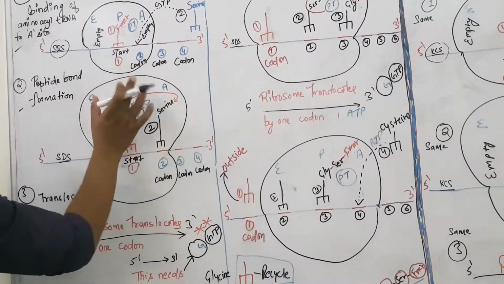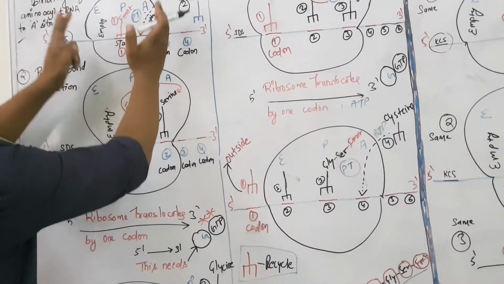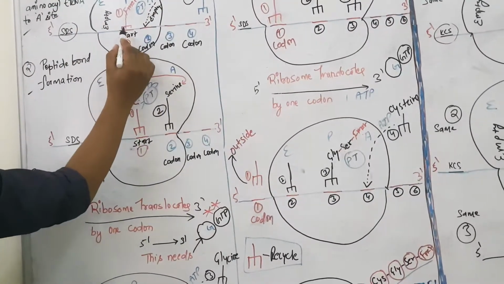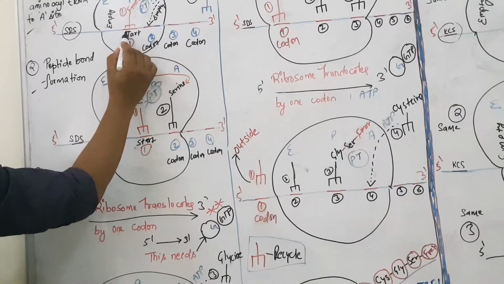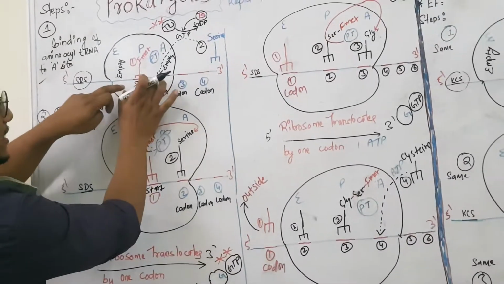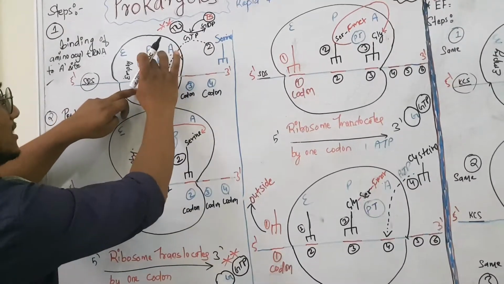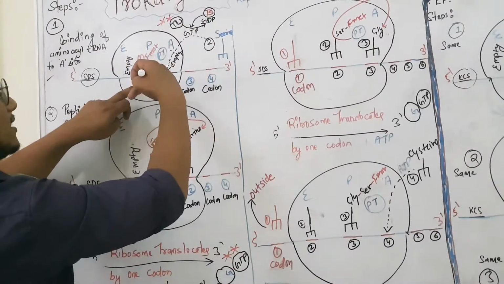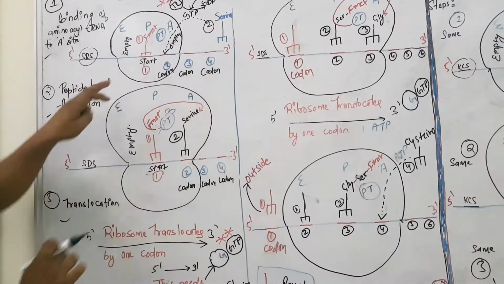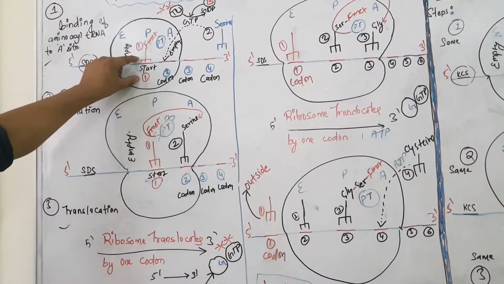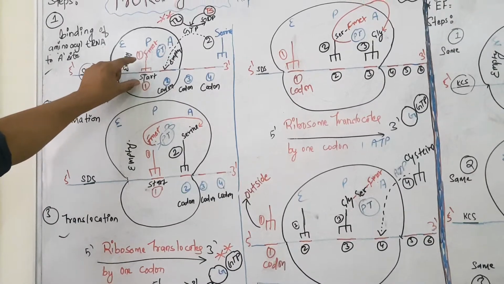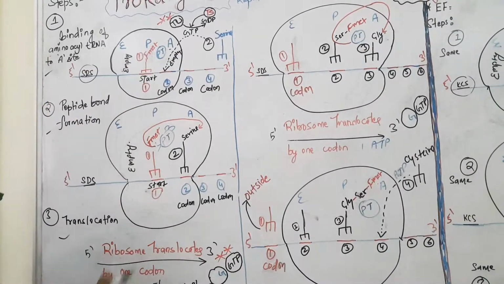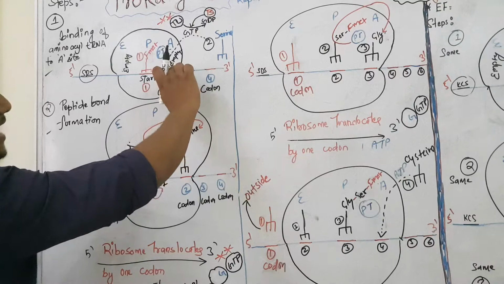Now, let's say our initiation complex or ribosome has scanned the start codon. Once it is scanned, the formylated methionine is transported by the tRNA, and it sits on the start codon. Now the A site is empty.